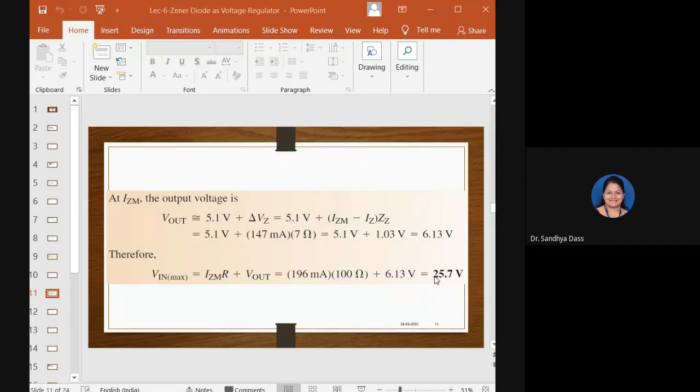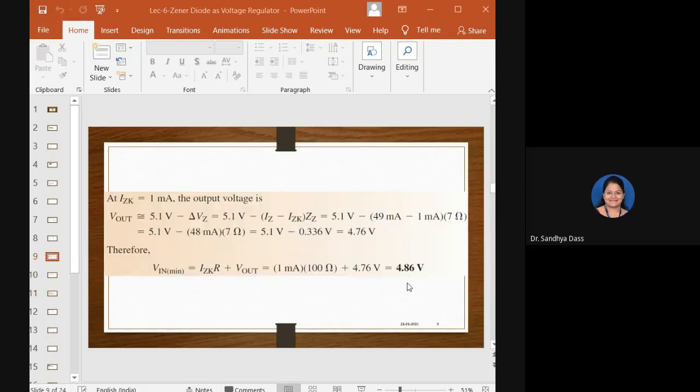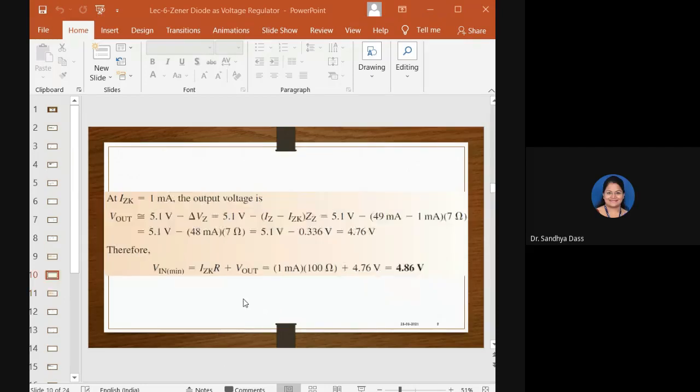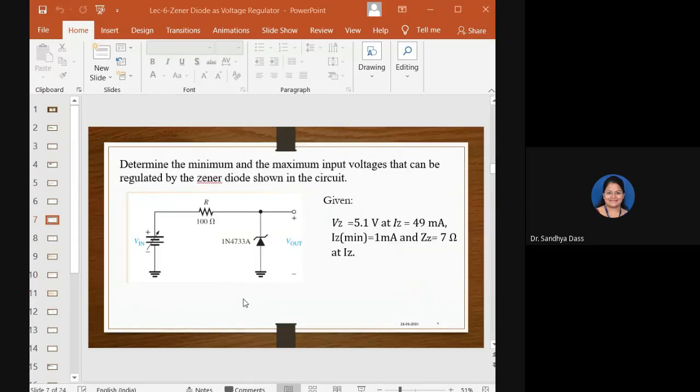So if the input voltage is varied between 4.86 volts and 26.7 volts, then the Zener diode specified here will maintain 5.1 volts, regulating the output voltage across it.